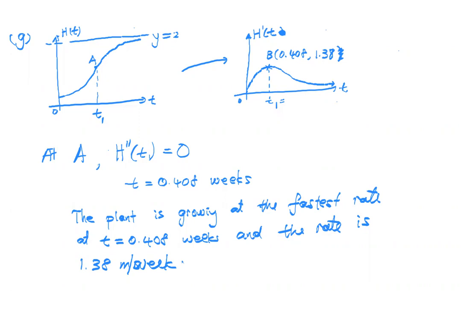You have to get the T1 from the H prime t graph, because the t coordinate of the turning point of H prime t is the t coordinate of the inflection point of H(t). So bear that in mind. There is no way you can get the coordinate t of the inflection point of any function from the function graph itself.